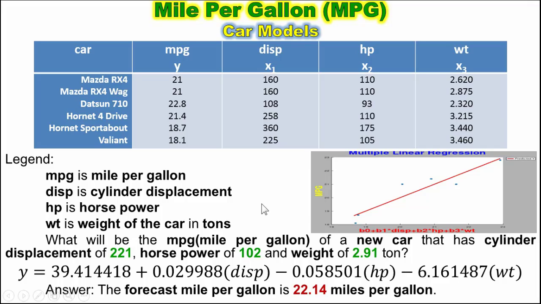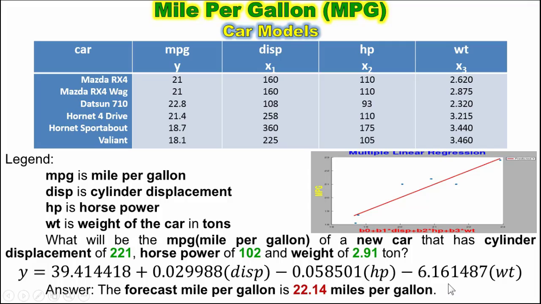Using GNU Octave, we can determine the multiple linear regression model. Y is equal to 39.414418 plus 0.029988 multiplied by cylinder displacement minus 0.058501 multiplied by the horsepower minus 6.161487 multiplied by the weight.